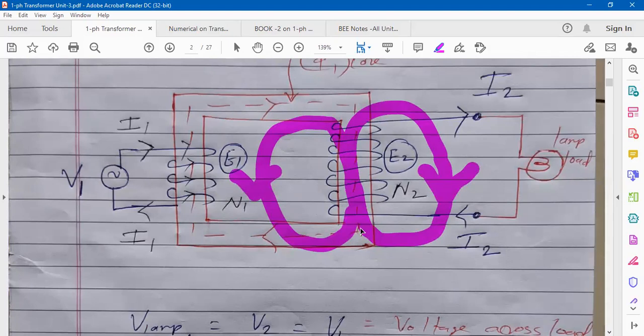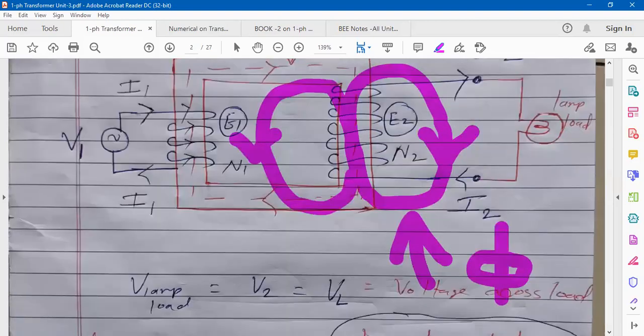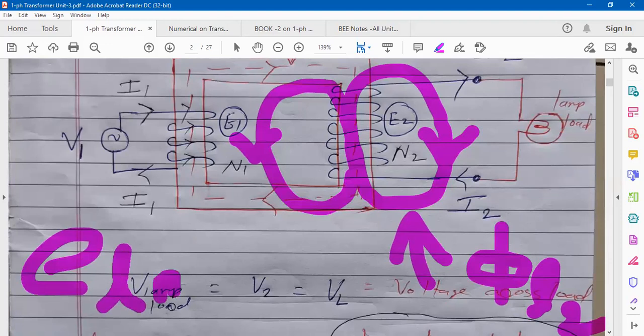Whatever this leakage flux on the secondary side, that is also coming in contact with the secondary winding turns. So as per Faraday's law of electromagnetic induction, EMF will get induced in the secondary winding. Consider it is EL2.